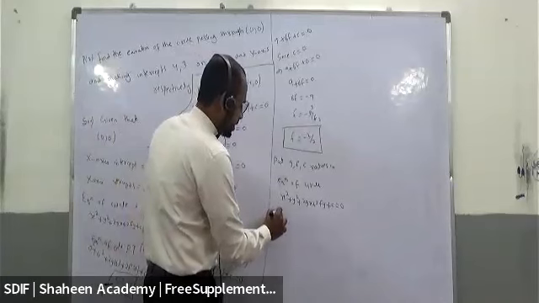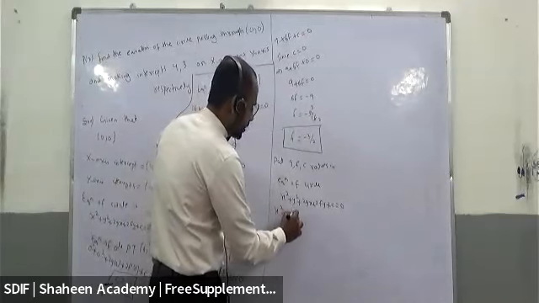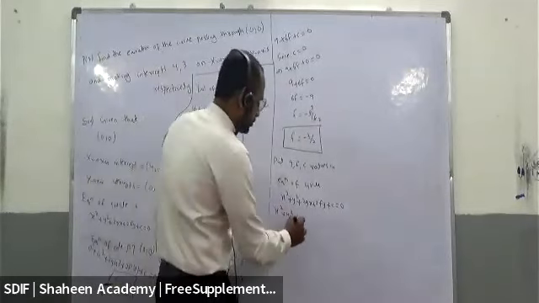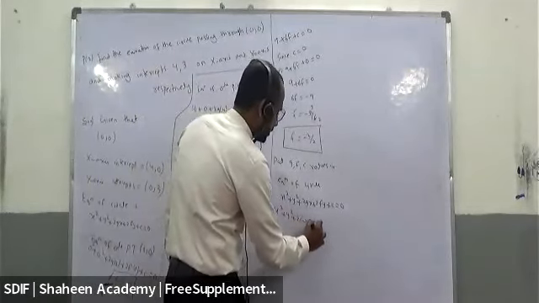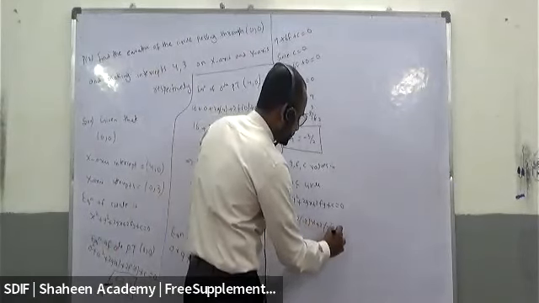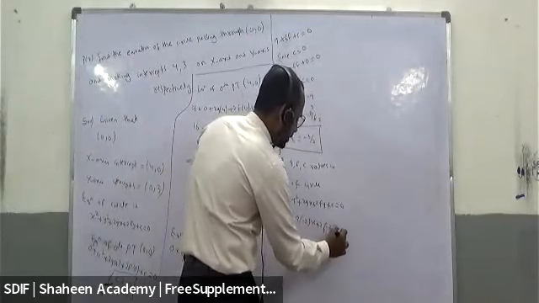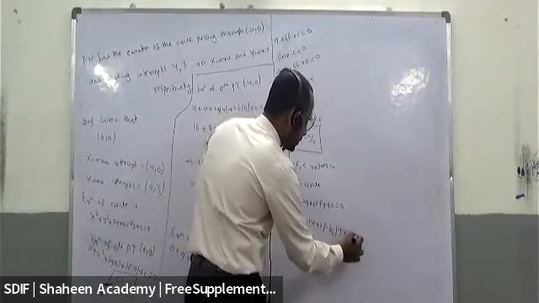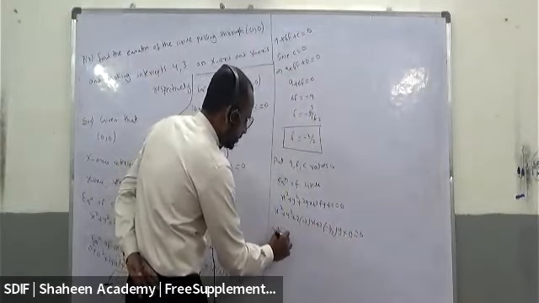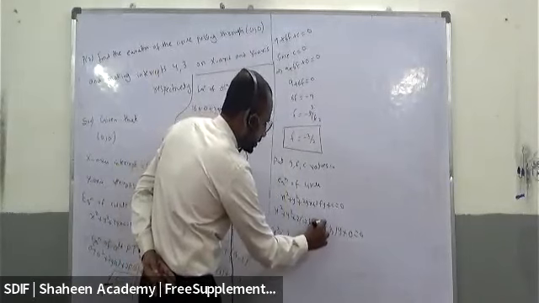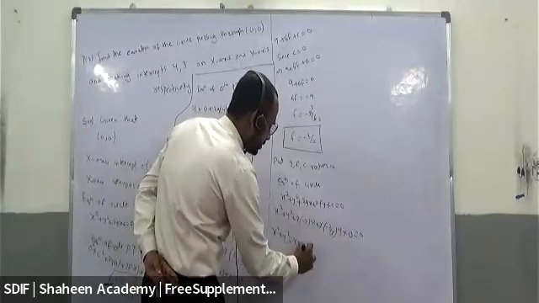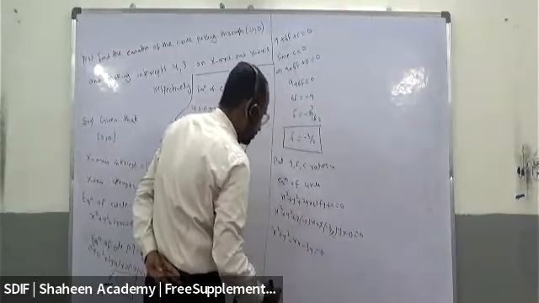What is that? x square plus y square plus 2, in the place of g it is minus 2, x, plus 2, in the place of f minus 3 by 2, into y, in the place of c it is 0, is equal to 0. So x square plus y square minus 4x, these two and these two get cancelled, plus into minus, minus 3y is equal to 0.